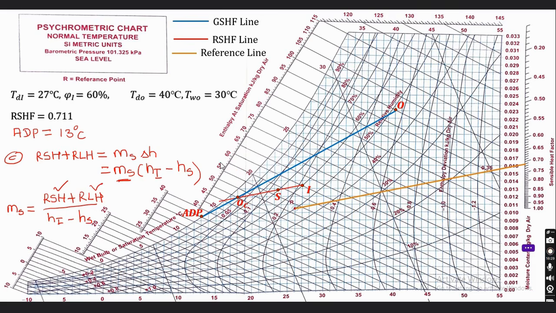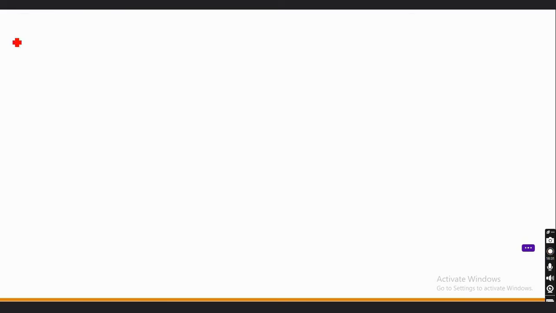So if I solve this now, I get the mass of supply air as room sensible heat, which is near about 27.28, plus room latent heat, which is 11.11, divided by the enthalpy of inside condition, 61, minus the enthalpy of supply air, that is 56.